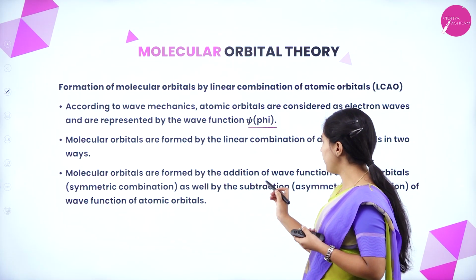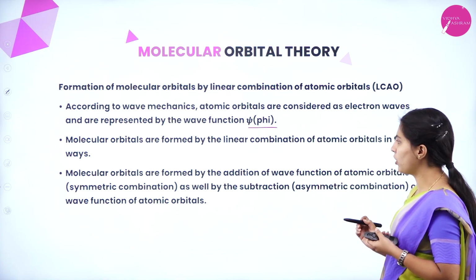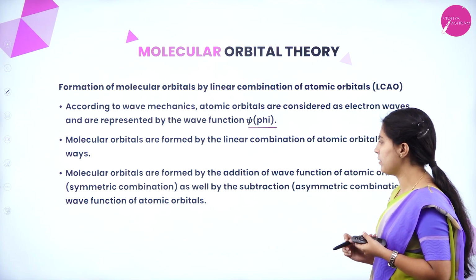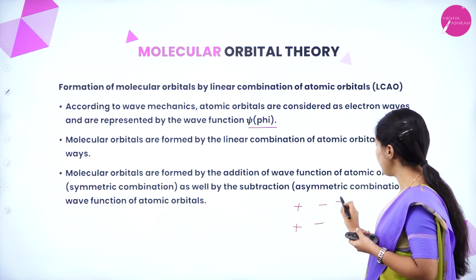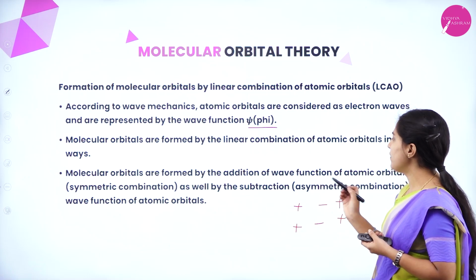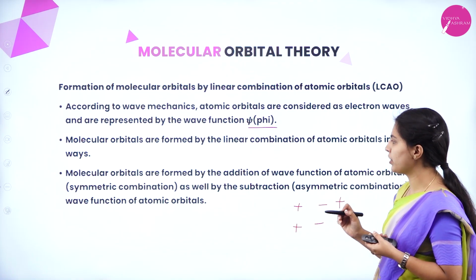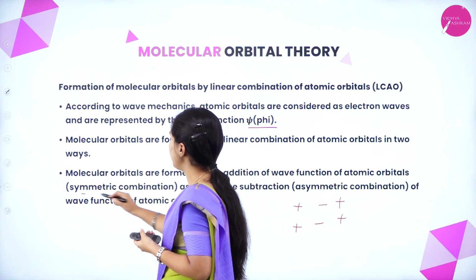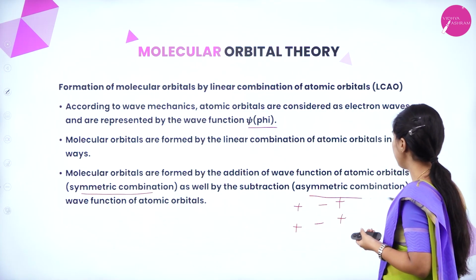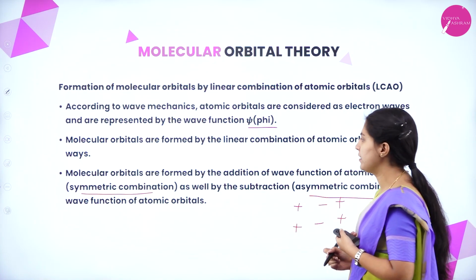One is by addition of wave functions of atomic orbitals, the symmetric combination. Symmetric means plus with plus, minus with minus, again plus with plus. The other is by subtraction of wave functions of atomic orbitals, the asymmetric combination. So we can see a symmetric combination as well as an asymmetric combination.